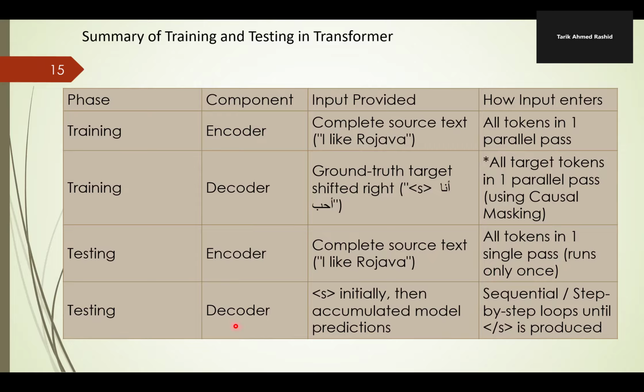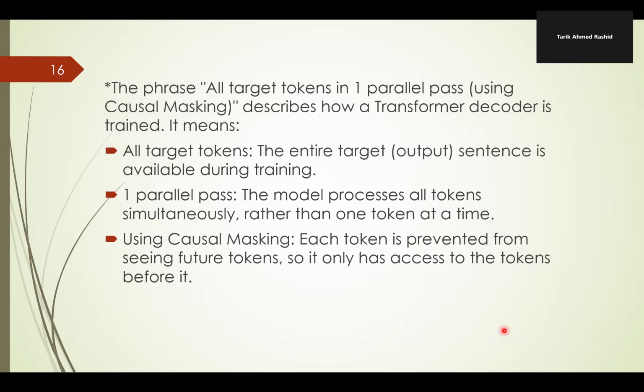However, in the testing decoder, initially we send the start token, then accumulate the model prediction. Sequentially, we add the predicted token to the previous ones, and then we get the output. Again, it goes sequentially. It's not in one go. So it's a loop, until the end token is predicted.